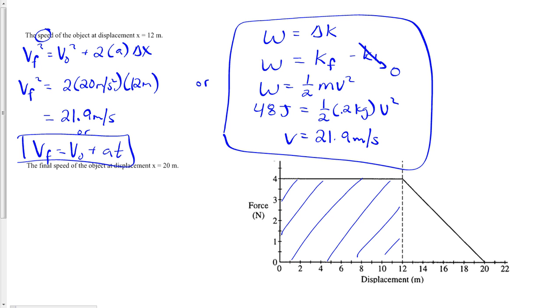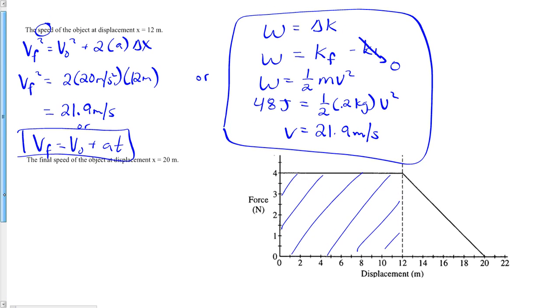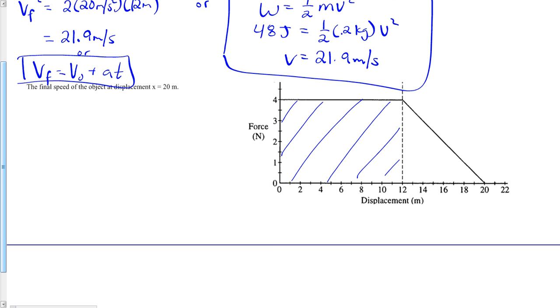There's a couple ways to solve part E. Well, you could find the average acceleration and use that, but that's going to be a complicated way to do it. The best way to solve part E here, the final speed of the object at 20, is using the work-energy theorem. Now, in order to do that, you need to know how much work was done over the whole thing.